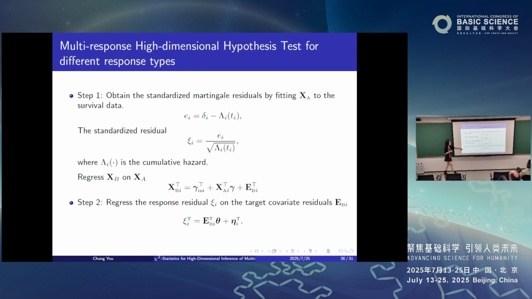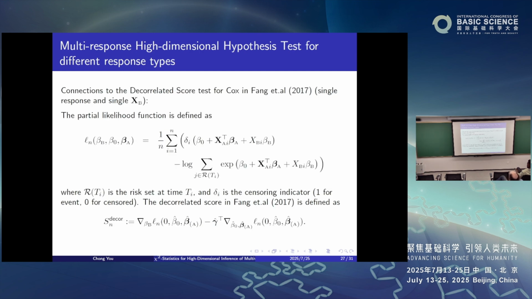And instead of testing beta B, we are now again testing this theta. Here's the connection to the decorrelated score test in Ning et al. 2017. And this method can only deal with a single response and single XB, like the individual beta j before.